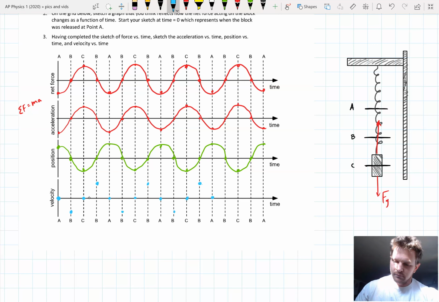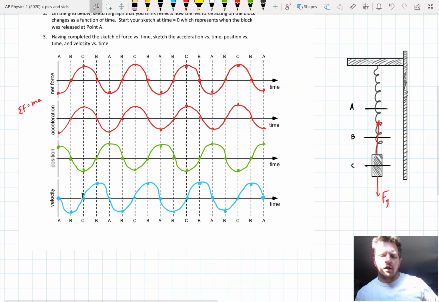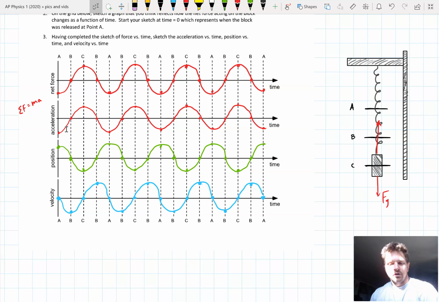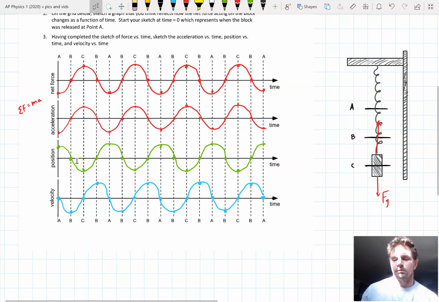All right. And kind of like we talked about last time, when you think about the motion graphs we have, you have the position graph here, right? Velocity here, and then acceleration. So position, velocity, acceleration. Either we memorize the shapes of these, or if we have a little bit of calculus in our toolbox, we talked about this in the last video, this position graph looks like a cosine graph, right?